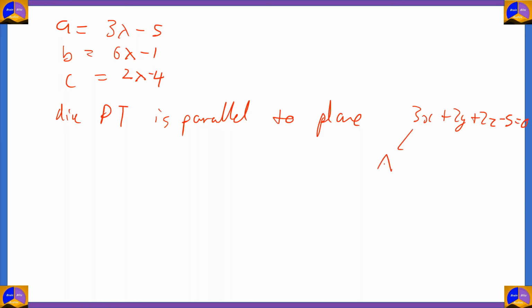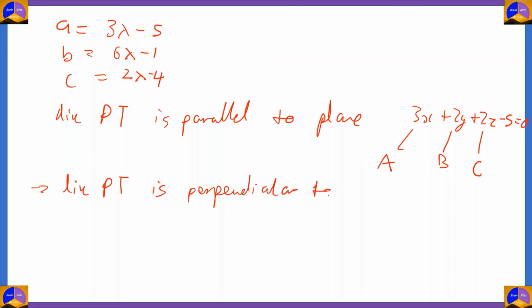Over here, the direction ratios, capital A is 3, capital B is 2, capital C is also 2. And since the line is parallel to the plane, our line PT is perpendicular to the normal vector of the plane.